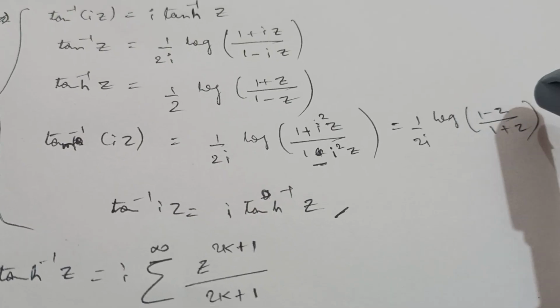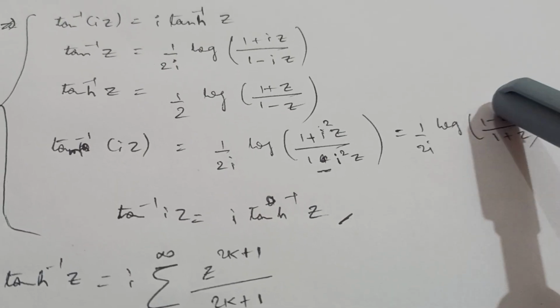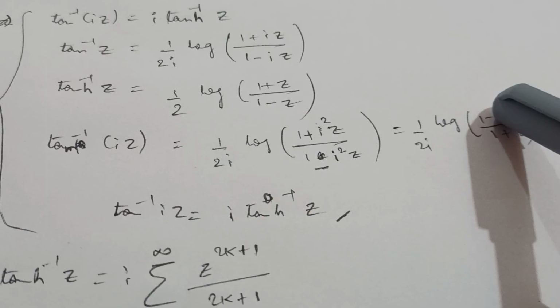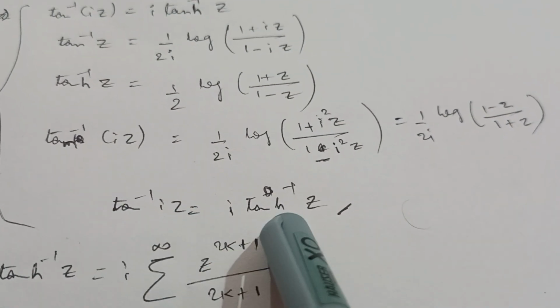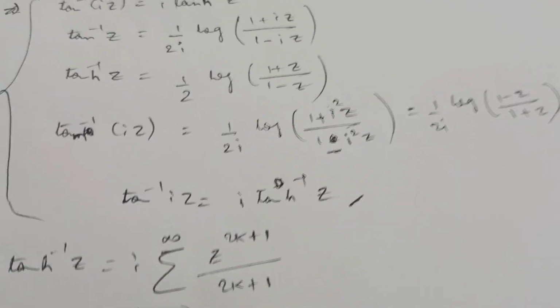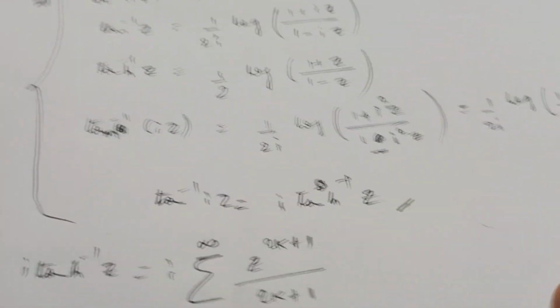I hope you know that. And the power of minus 1 will reciprocate it, and after reciprocating this will become nothing but this. So tan inverse iz is i times tan inverse hyperbolic z.